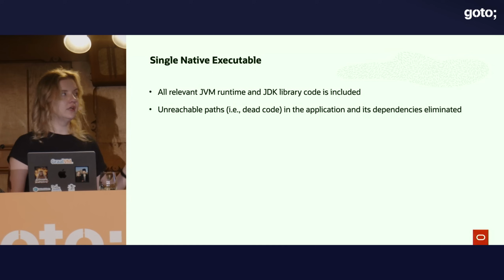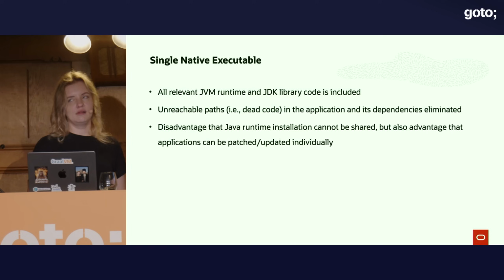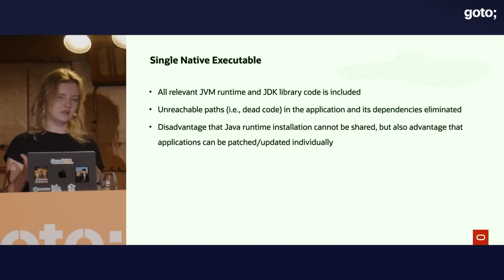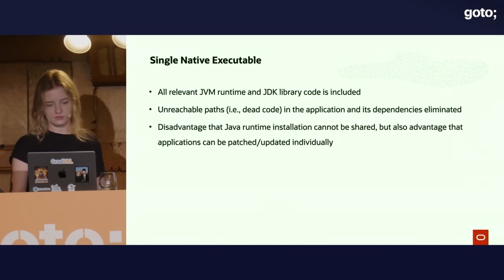And all the code that is not used by your application, as we saw just now, is eliminated from your application. Now, a kind of disadvantage that you can see there is that you cannot share the Java runtime installation between the instances of your app, but also it's good in a way because if you want to, you can patch and update your applications individually as you go.